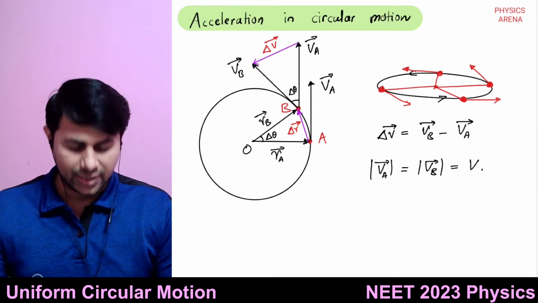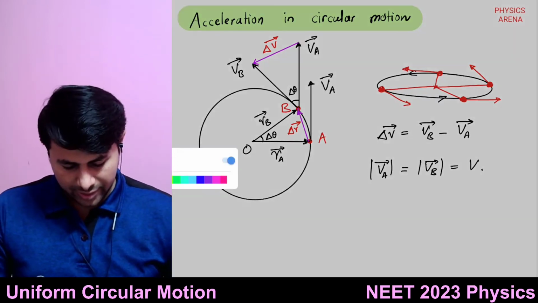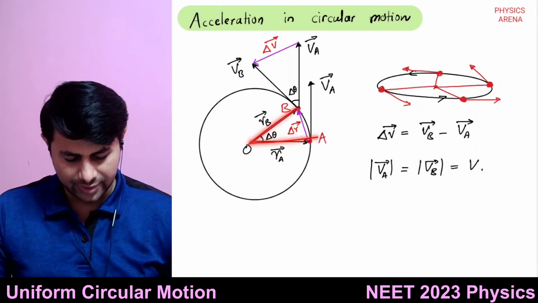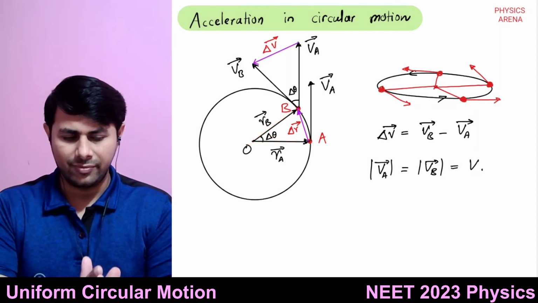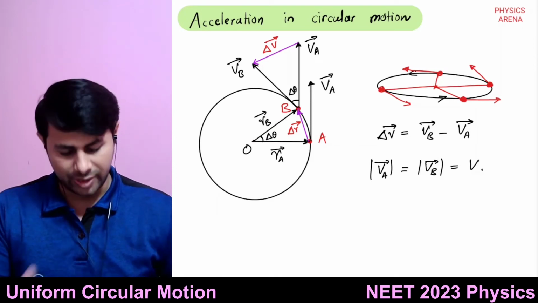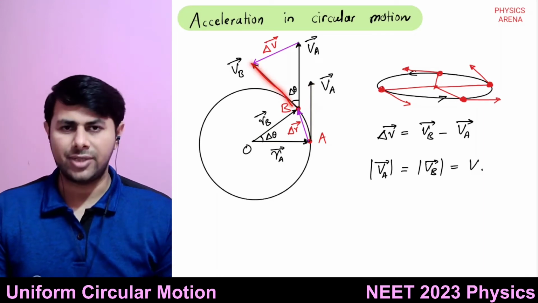So can you see that these two triangles are similar? These are two lines, two radius vectors. The angle between them is delta theta. I draw a perpendicular to the first vector, and this is perpendicular to the second vector.